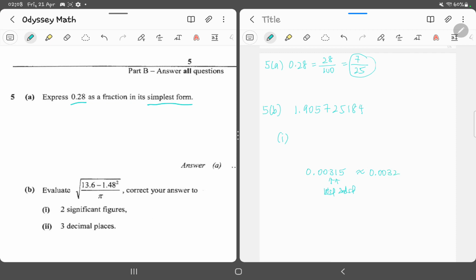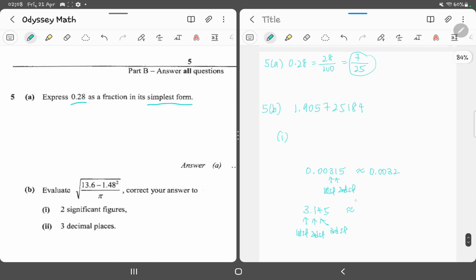Now, let's say it's 3.145. Then this will be my first SF, this will be my second SF, and then this will be my third SF. So in this case, let's say we want to round to the third SF.